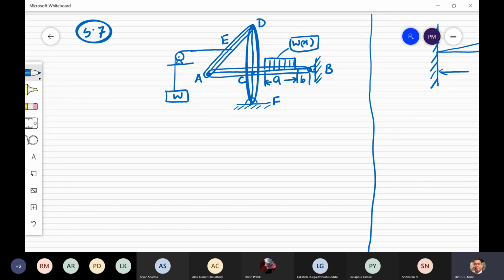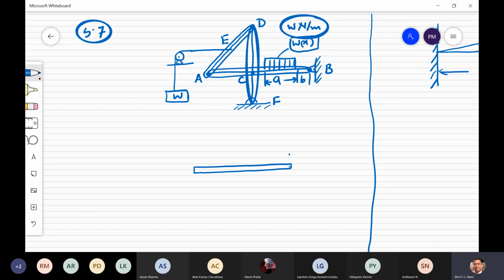W is related to x actually, W newton per meter for example, and the length is given here. That is a length from the B support. So first I will do this one.